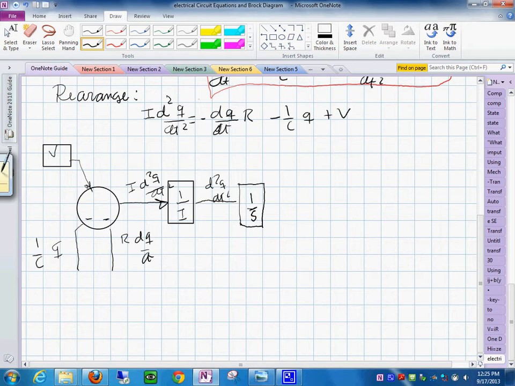This is for doing integration. Same symbol. And if you do this, you get dq dt like this. And if you do it one more time, you do 1 over s, integral of q.